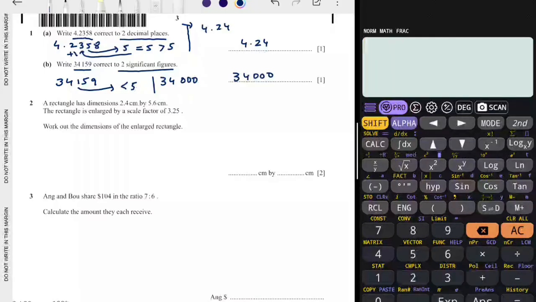Question number 2. A rectangle has dimensions 2.4 centimeter by 5.6 centimeter. A rectangle is enlarged by a scale factor of 3.25. Work out the dimensions of the enlarged rectangle. For this purpose, we have to multiply both dimensions by 3.25.